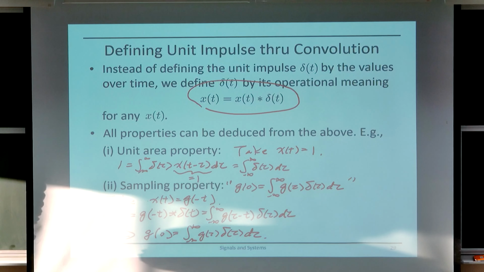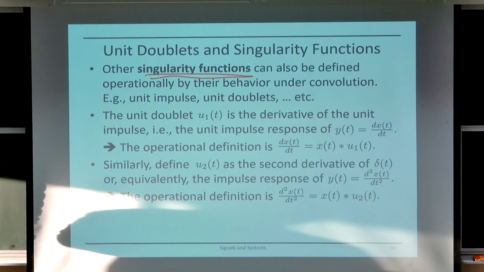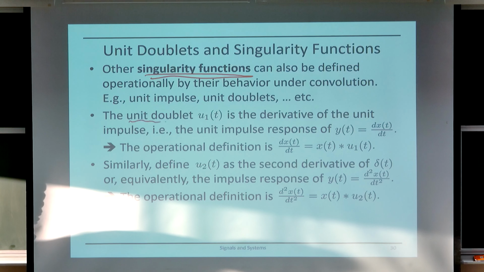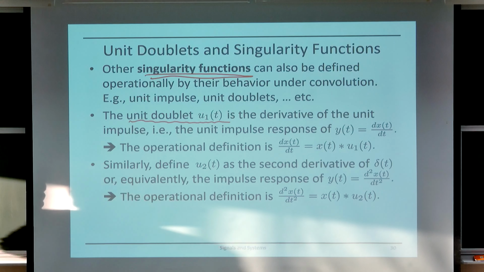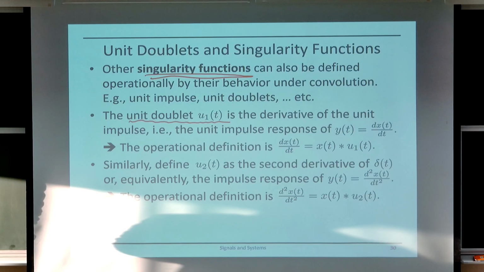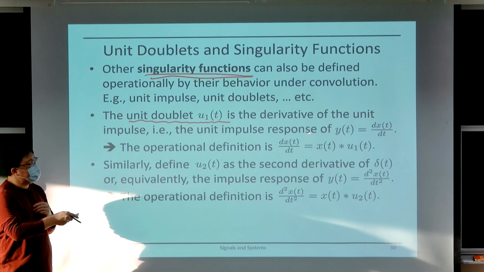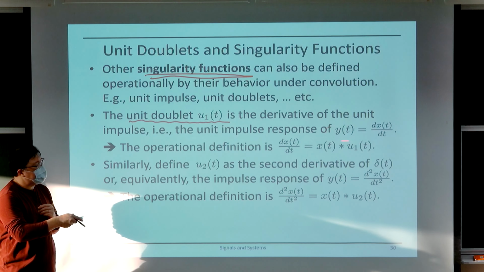Now we can also define something called the unit doublet, denoted by u sub 1 of t, as the derivative of the unit impulse, or in other words, the unit impulse response of a system that looks like this.